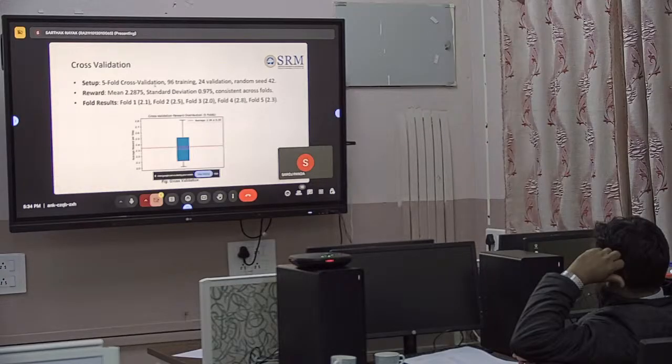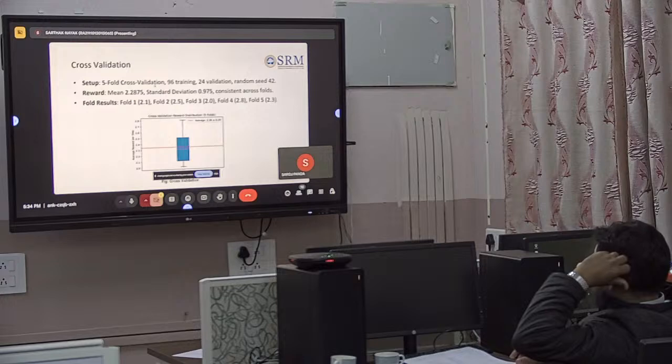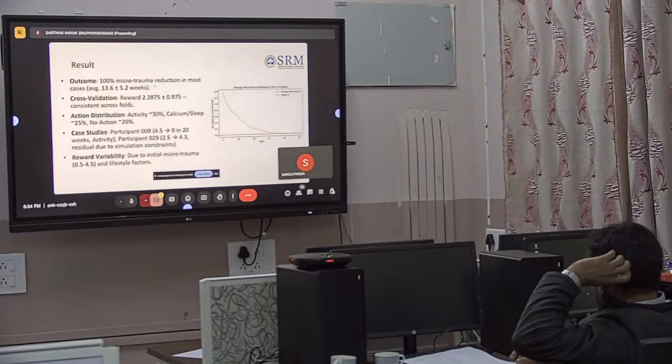Since it ranged from 0 to 3, it's quite near to that value. The result that we show is a 100% microtrauma reduction over an average period of 13.5 weeks, and the cross validation shows that it's a reliable method.